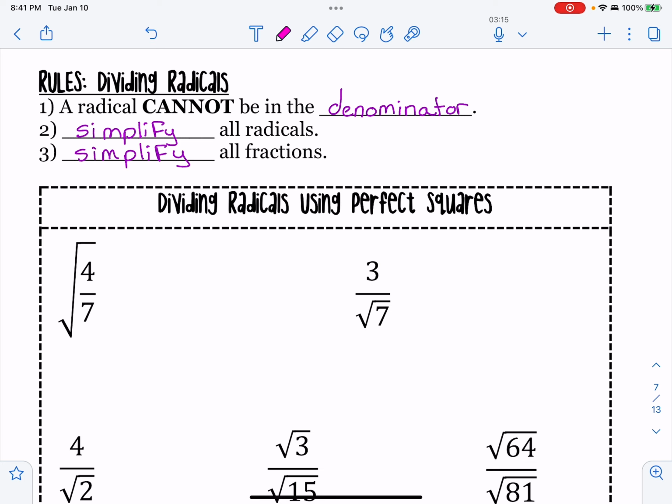So when I rationalize these denominators, starting with this first one, first I'm going to rewrite this fraction here. That radical covers the entire fraction. I'm going to rewrite it this way. So now I have a radical in the numerator and a radical in the denominator. However, my rule states I cannot have a radical in the denominator.